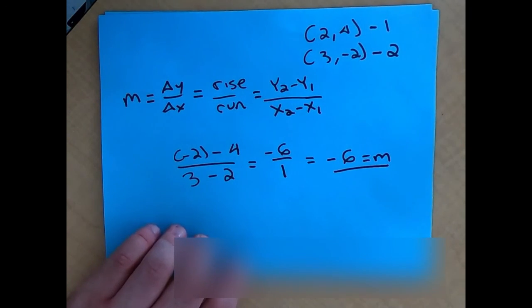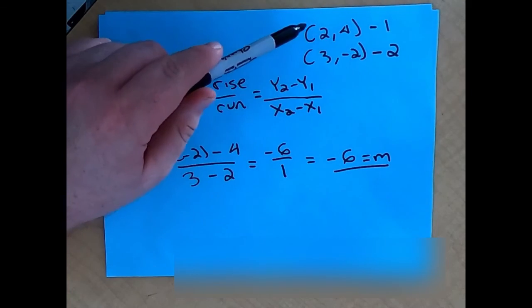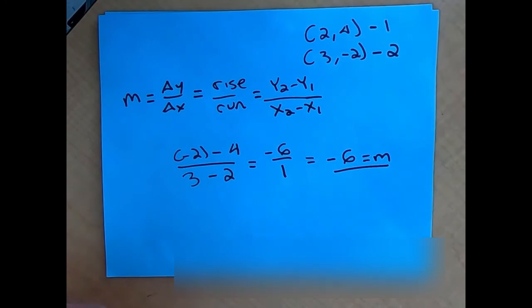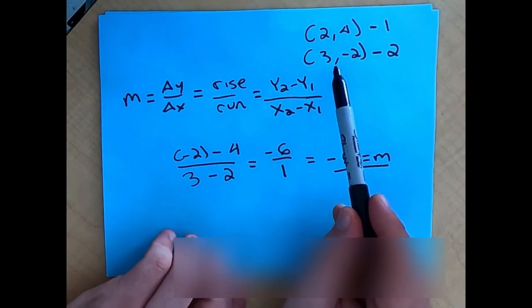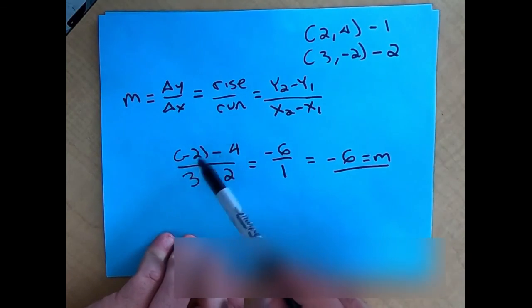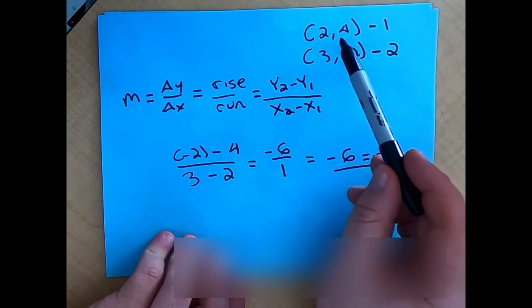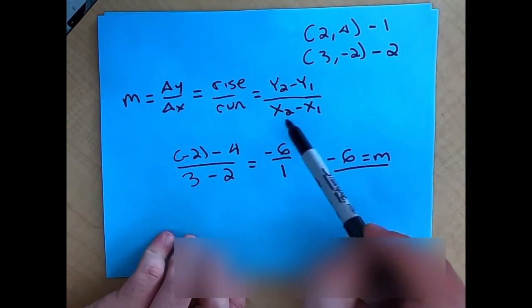Any questions on that? That's just using our slope formula. Change in y over change in x. Doesn't matter which point I label as my first or second. No, it does not, as long as I'm consistent. So if I labeled this as 2, then I would have to put 4, 2. I just have to be consistent about where I'm plugging them into the formula.